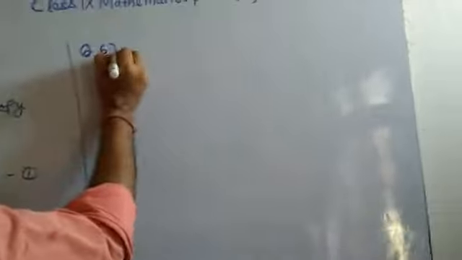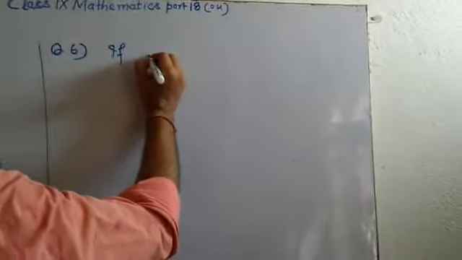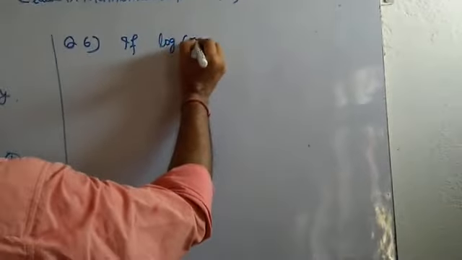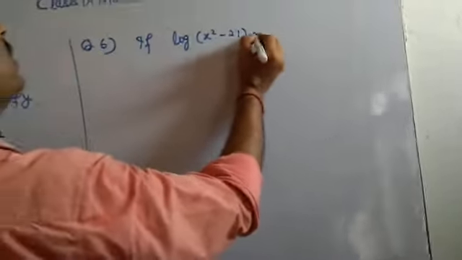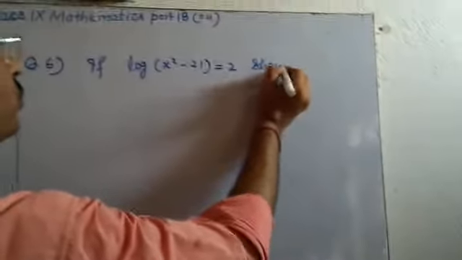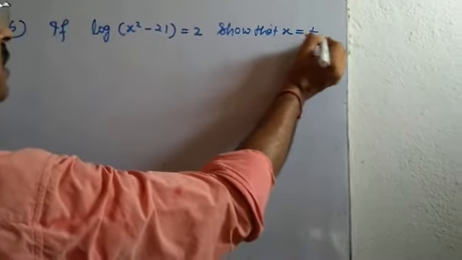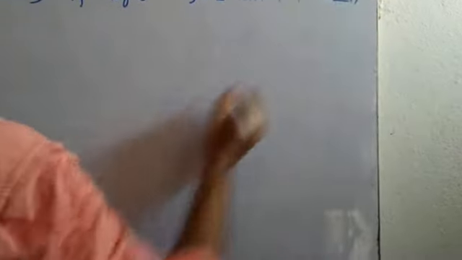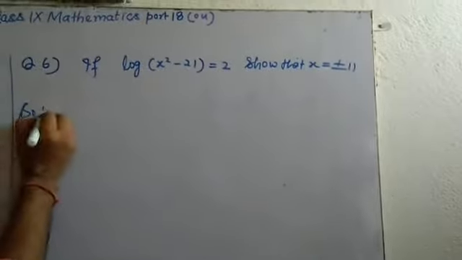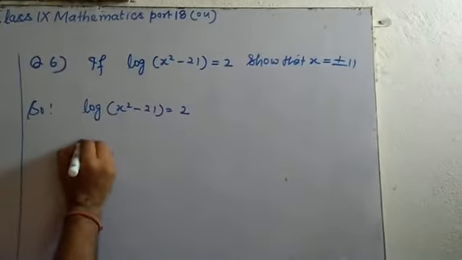Question 6. If log x square minus 21 equals 2, prove that x equals plus minus 11. Solution: log x square minus 21 equals 2.